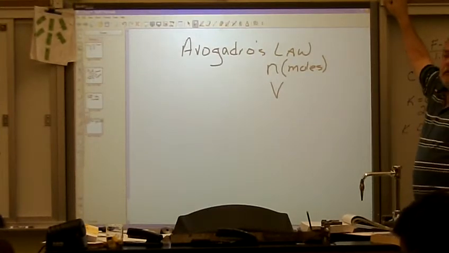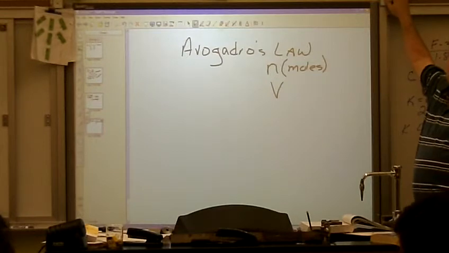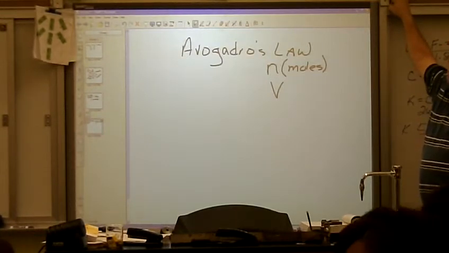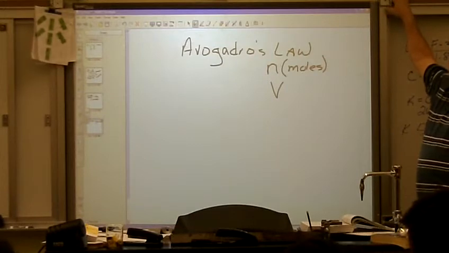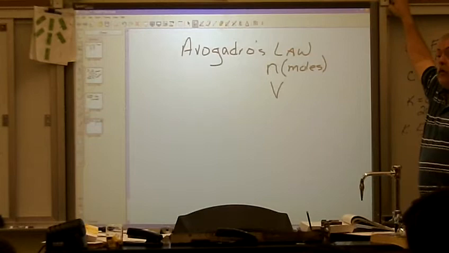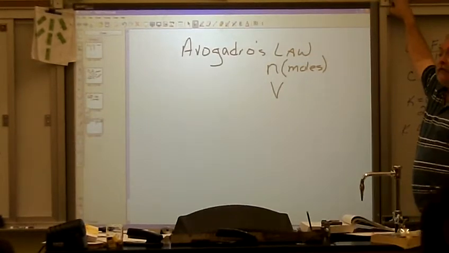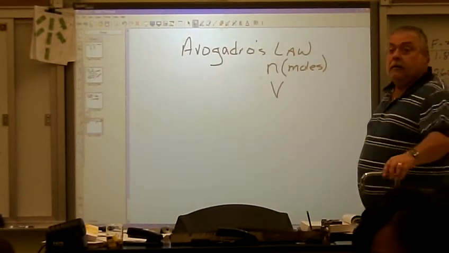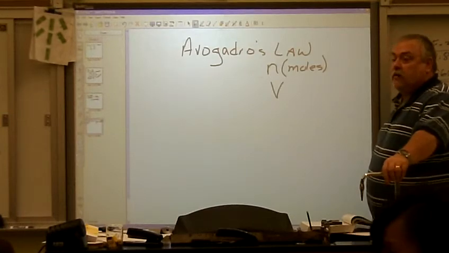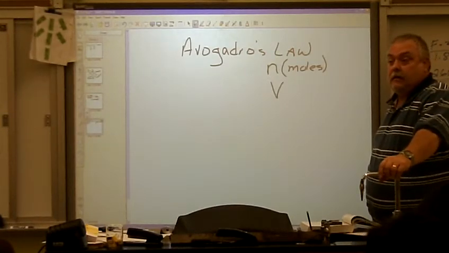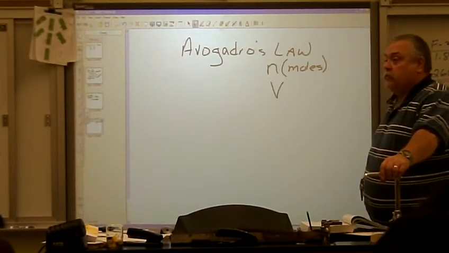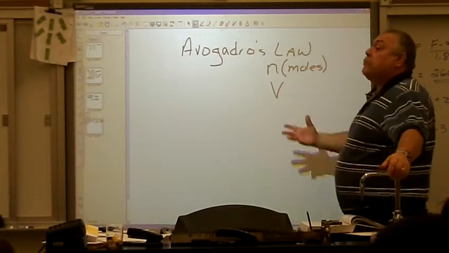In fact, in all the equations we use from now on, whenever you see the letter N, they're going to be talking about the moles of something. Because there's a formula out there which we're going to get to, PV equals nRT. N stands for moles. That's just the way it's going to be from now on. Like in physics class, whenever you saw the letter G, it meant gravity. Okay, N means moles.